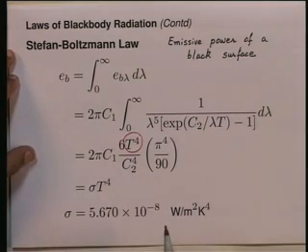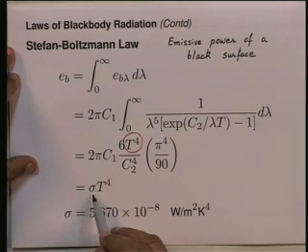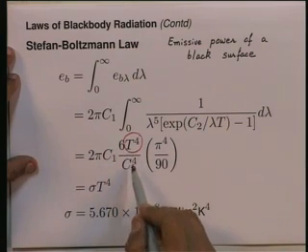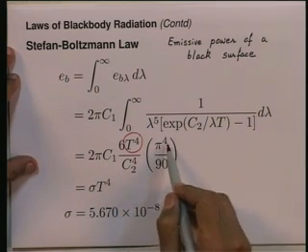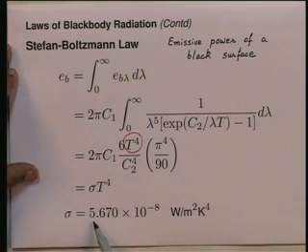What we get is therefore sigma into T to the power of 4, where sigma is 2 pi c 1 into 6 upon c 2 to the power of 4 into pi to the power of 4 upon 90. And sigma, if you substitute all the values, comes out to be 5.670 into 10 to the minus 8 watts per meter squared Kelvin to the power of 4. It is a constant with these values.